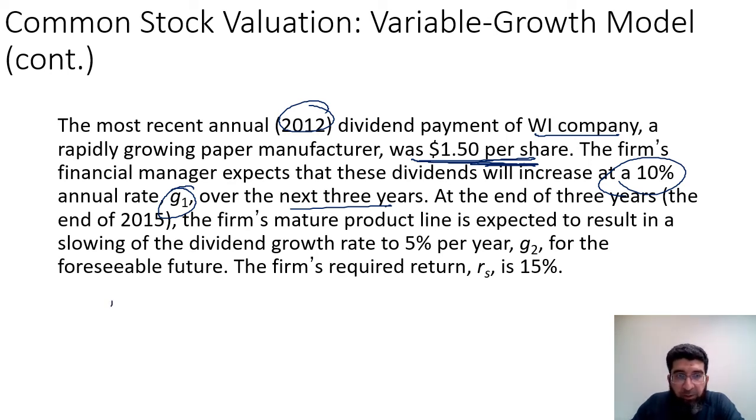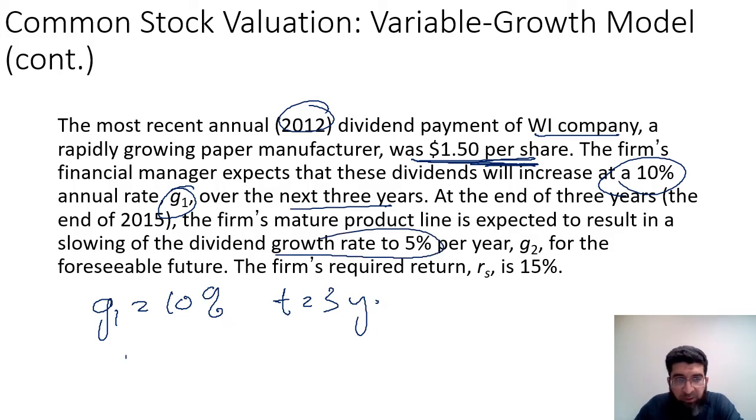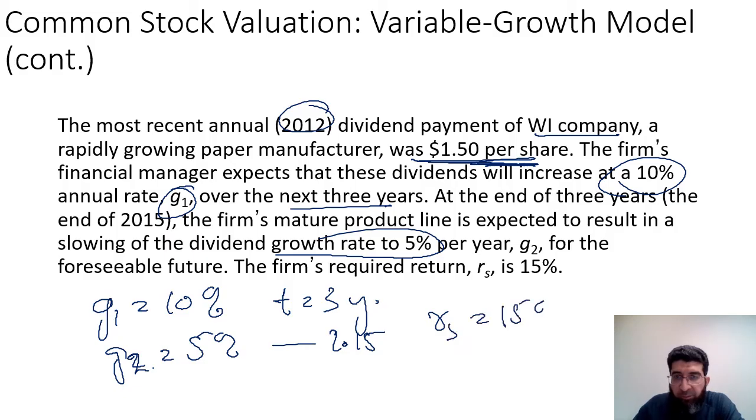So we have g1 equal to 10%, t equal to 3 years. At the end of the 3 years, the end of 2015, the firm's mature product line is expected to result in a slowing of the dividend growth rate to 5%. So it will be 5% after 2015, and this is g2. The firm's required return is 15%.